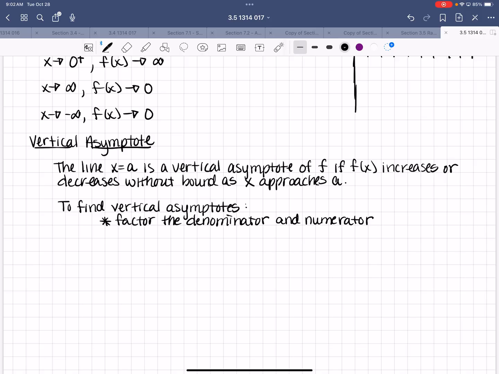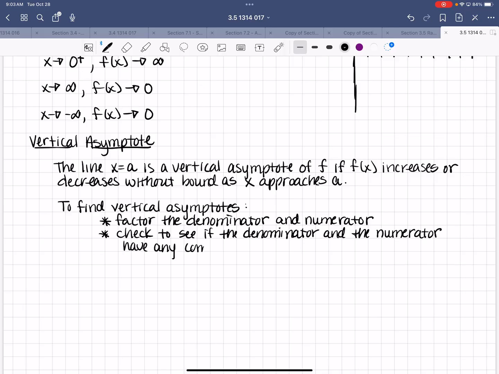Okay, so we're going to factor the denominator and the numerator. Check to see if the denominator and the numerator have any common factors.